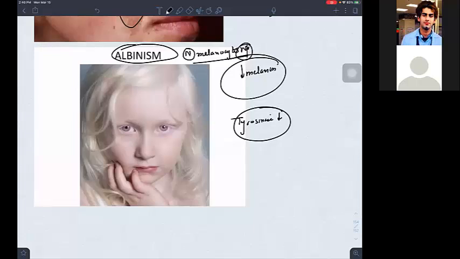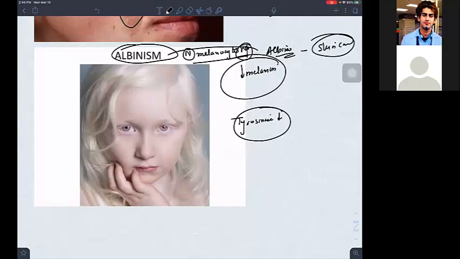Will the albino have increased risk of carcinoma or not? Skin cancers. Yes, they will have increased risk of skin cancers.